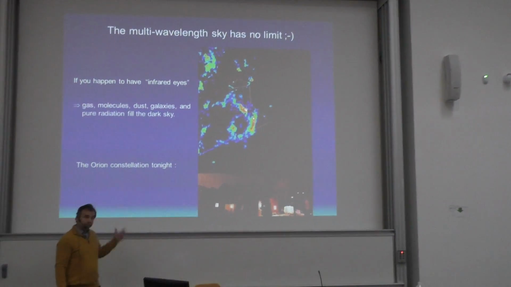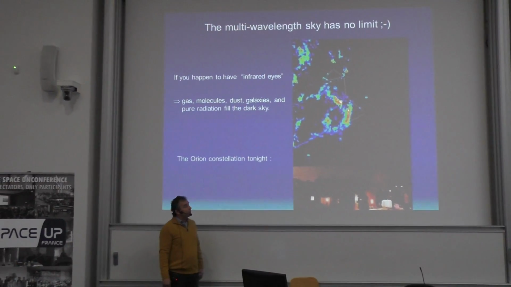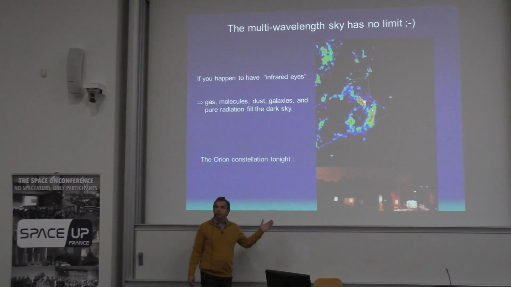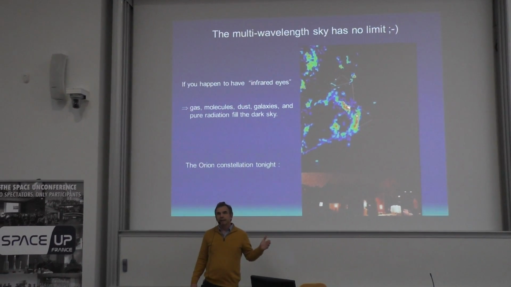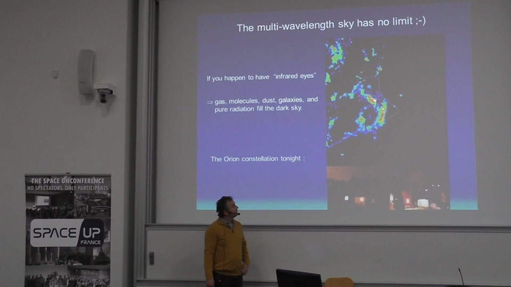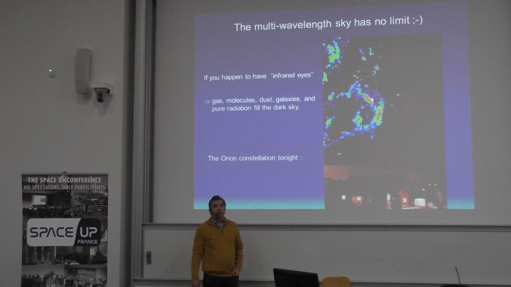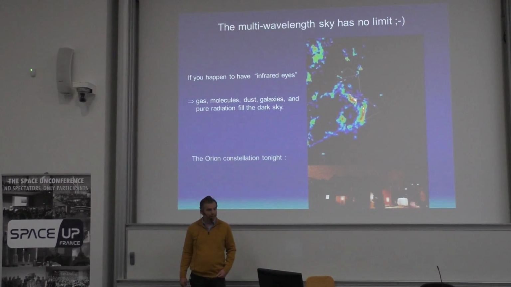Red is a lot of light, and blue is less light. What you see here is that in the dark you have emission from gas of hydrogen, helium, molecules, and dust everywhere. And this is what makes the stars form, the stars with their planets.